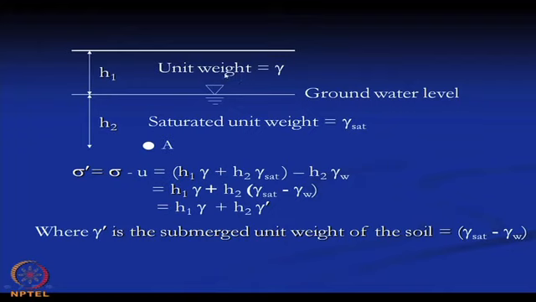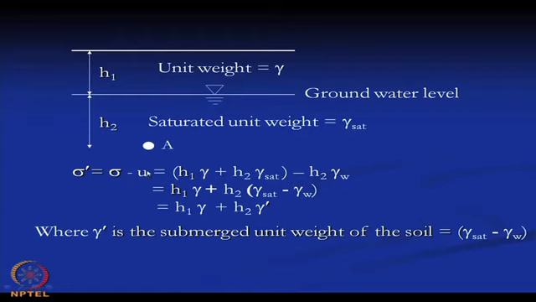The unit weight of the soil above the groundwater table is gamma, and the unit weight of the soil below the groundwater table is the saturated unit weight, gamma sat, because it is below the water table. Now, the total stress at a point can be calculated as H1 into gamma plus H2 into gamma sat.